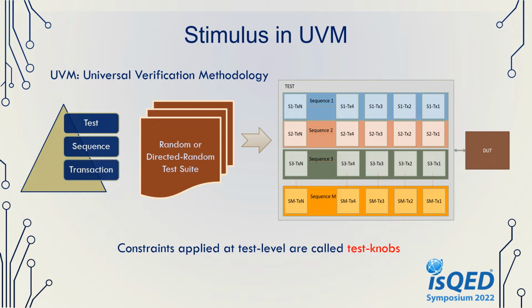And one sequence is composed by multiple transactions. These are randomly generated or by directed random generation from a UVM environment. In this UVM environment, there are some constraints for those test level generation. We call them test knobs.